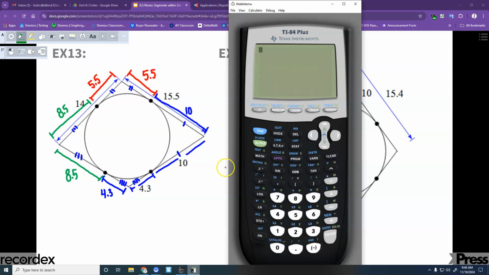So you could do the little pieces or you could use the whole side. Like this whole side right here is 14. This whole side right here was 15.5. This one right here is 14.3 if we put the 10 and the 4.3 together. And then I'm going to do parentheses 8.5 plus 4.3 right here for that side. And we get 56.6.